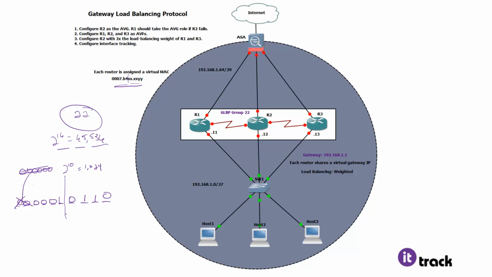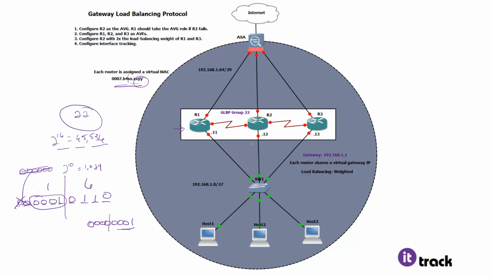Now our next two values, we have a 1, right? And what's this? 6. So 16. And the YY is basically the router number. Since this is the first router, he's going to assign himself a 1. So it's 01.